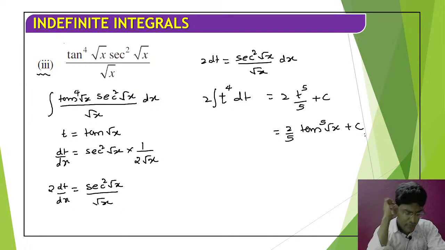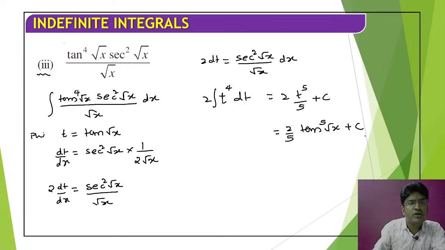All of you quickly reply me, have you understood this? You have to put t equal to tan root x, because if I differentiate tan, I will get secant square. I am differentiating with respect to x, not with t.